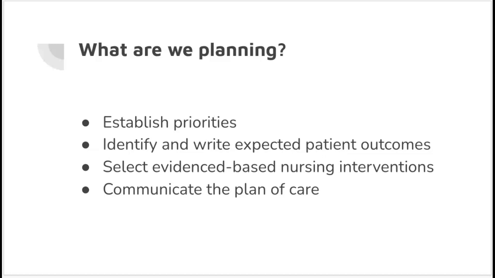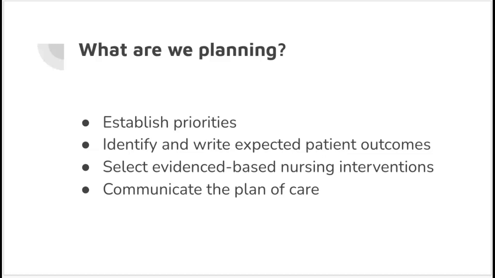So establishing priorities would be, when you identify your nursing diagnoses, what is the most important thing you want to do first? So we talked a little bit about the type of priorities in nursing diagnosis and how we use Maslow's hierarchy of needs and use that to establish priority diagnoses.